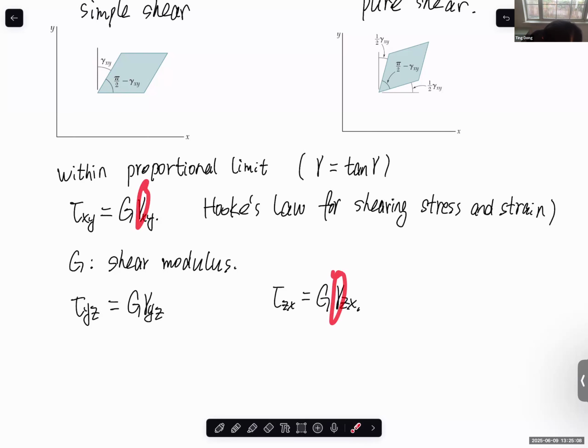This is not V, it's gamma. I don't know how to write it. It's the shear strain, the gamma here.